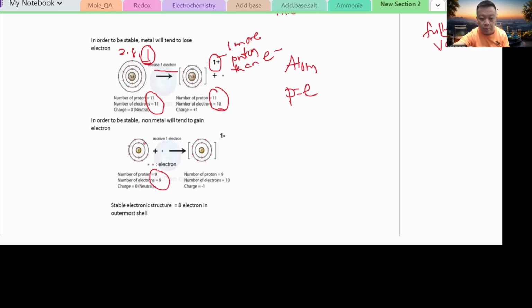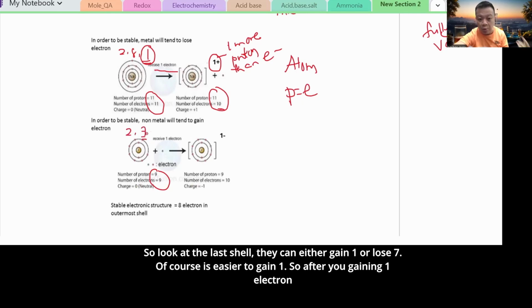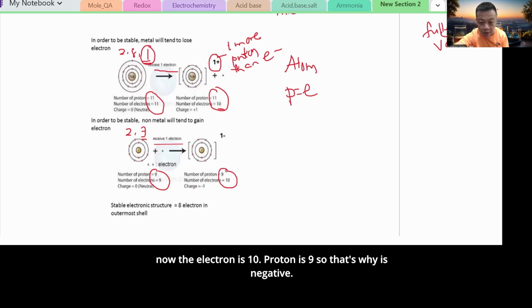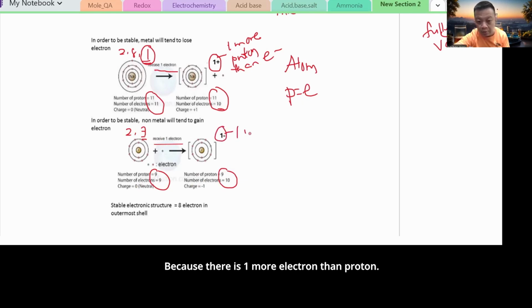Then the electronic structure is 2, 7. So look at the last shell, they can either gain 1 or lose 7. Of course, it's easier to gain 1. So after gaining 1 electron, now the electrons are 10, protons are 9. So that's why it's negative, right? Because there's one more electron than proton.